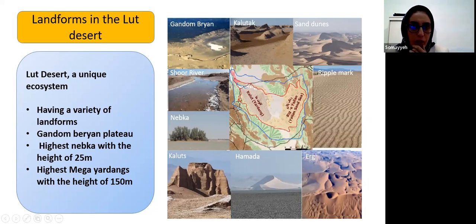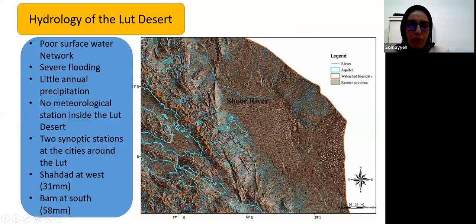So we have here the hydrology map of the Lut Desert. With a glance to this map, you may think that this is a very vast network of waters, but it is not true, because the streams that you see here are the seasonal streams flowing in a very short time of the year, especially the ones that flow from the east and the ones that flow from the south.